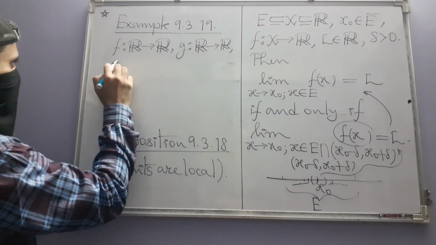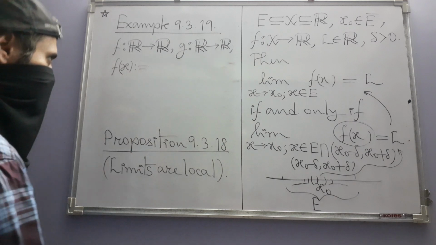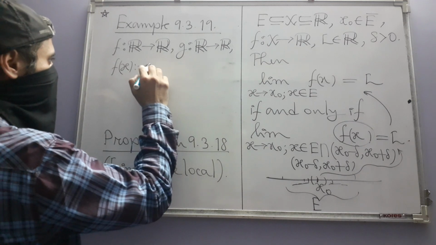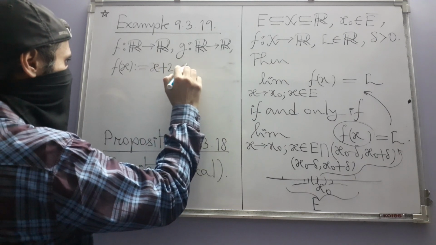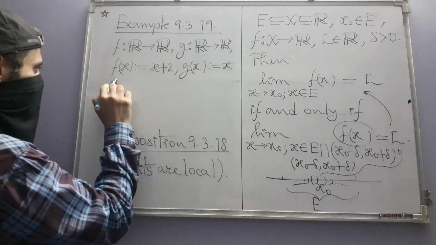And the rules for the functions are these. F of x is x plus 2 and g of x is x plus 1.